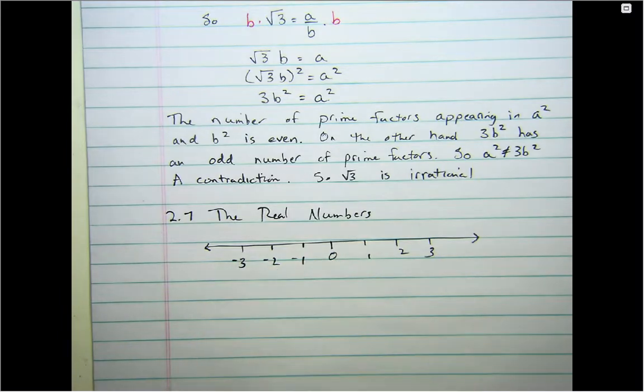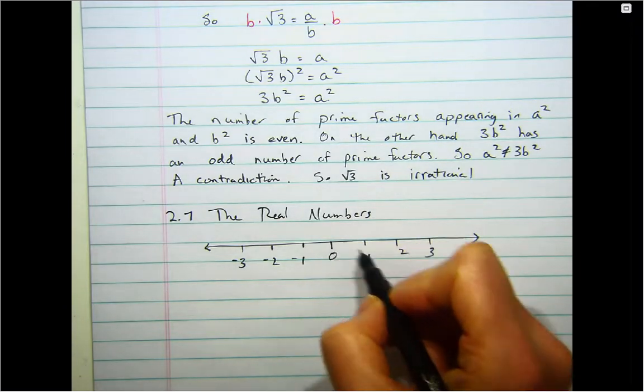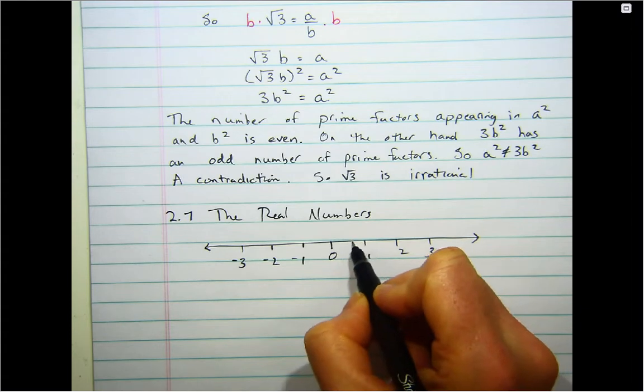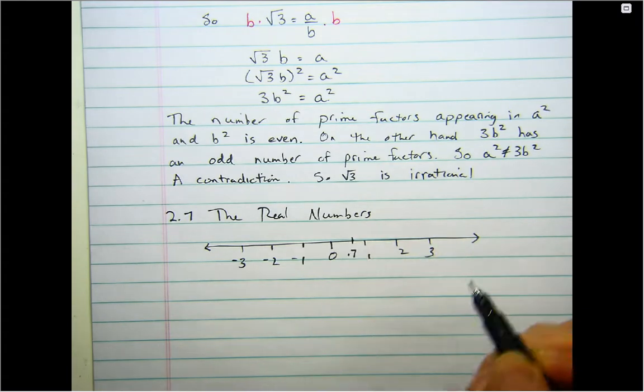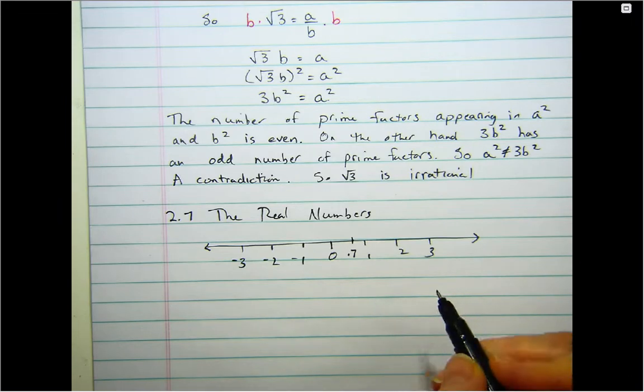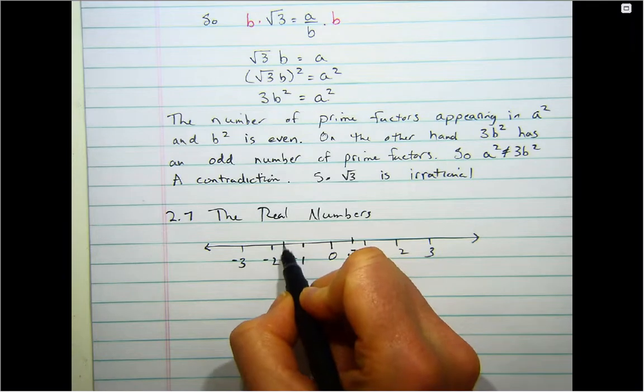And usually on the number line we write integers. You could write decimals or fractions, but usually we just write the integers because otherwise it gets real cluttered, right? So we looked at some rational numbers before, like 0.7, or how about negative 5/3?